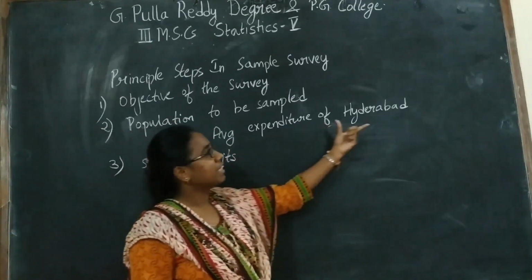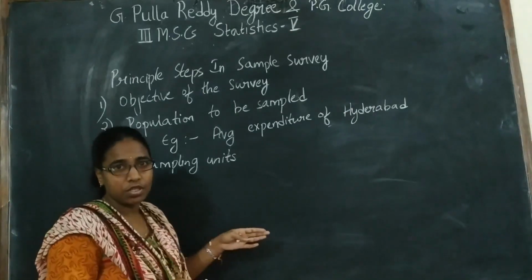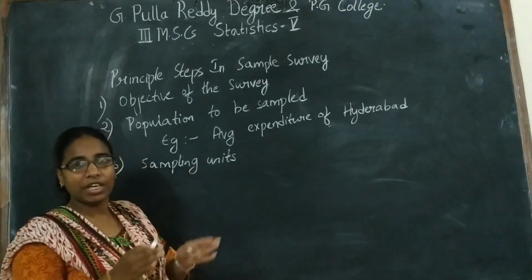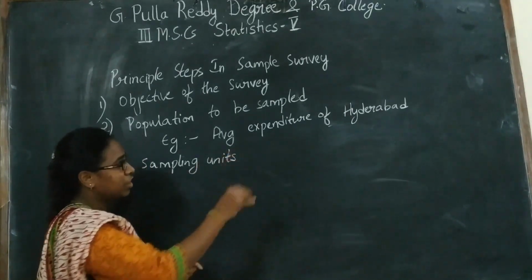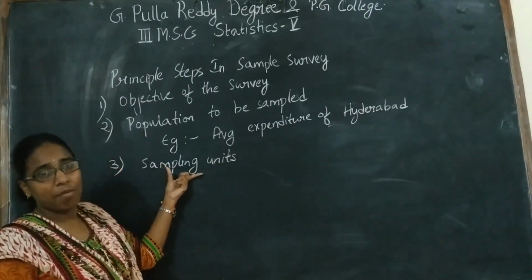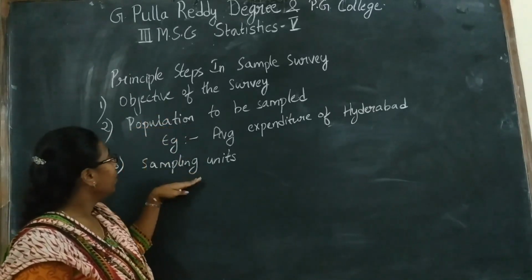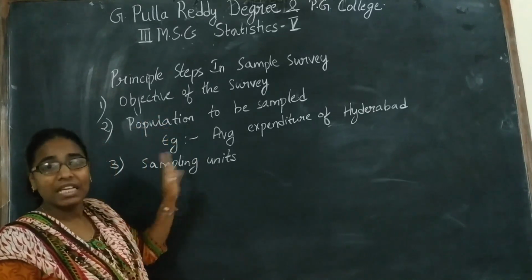Here I have selected Hyderabad, right? So this Hyderabad, how can we divide it area-wise? Suppose Amirpet separately, Kukatpally separately, Mehdipatnam separately. Those divisions, whatever the divisions you make to your populations, are called sampling units. So after deciding our population, we need to divide our population into the sampling units.